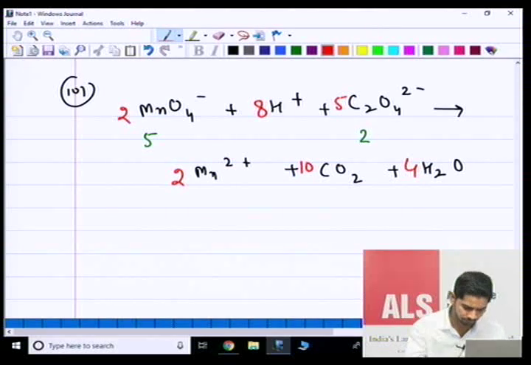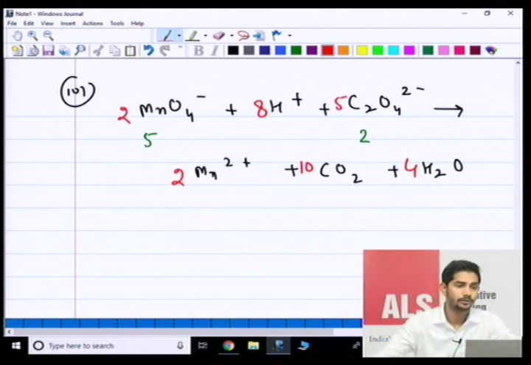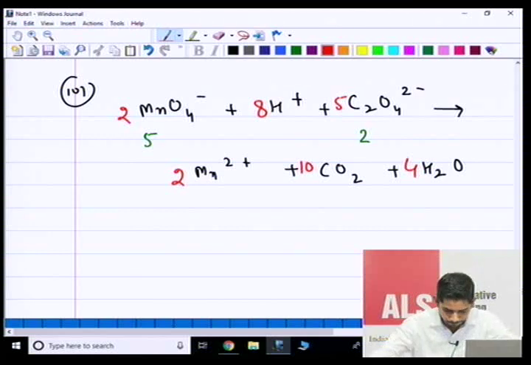One more question. Please copy this first, then 102. Can anyone please tell me in question number 102 which one will be the reductant?